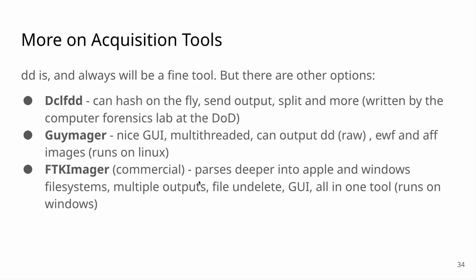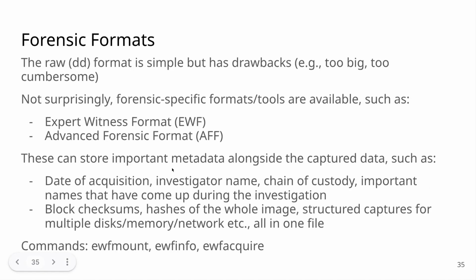So I hinted at forensic formats. As I said, you can have a capture and annotate it with the checksums that you expect, or have a format that allows it to be split into manageable chunks. Let's say you just image the disk of a server that was 8 terabytes, and you want to somehow download the data.